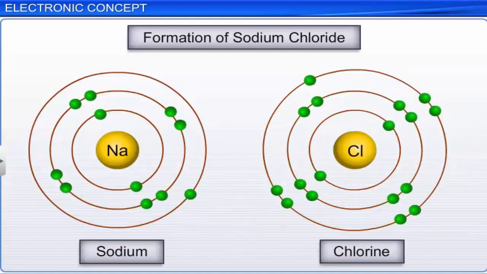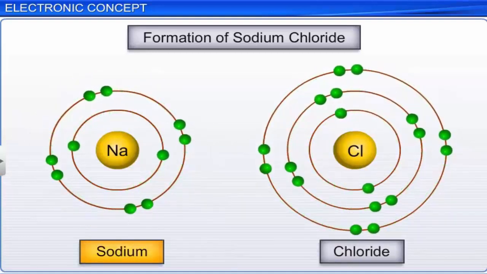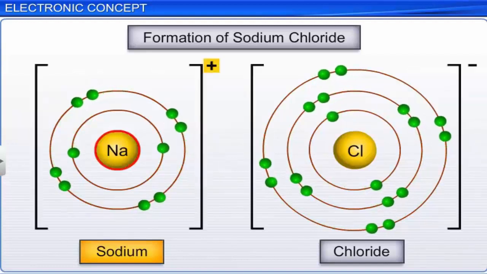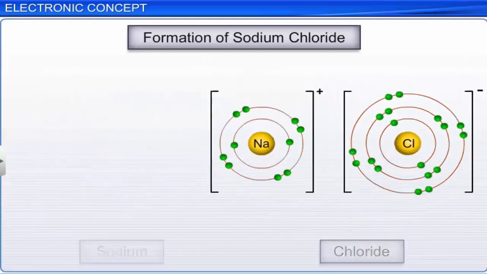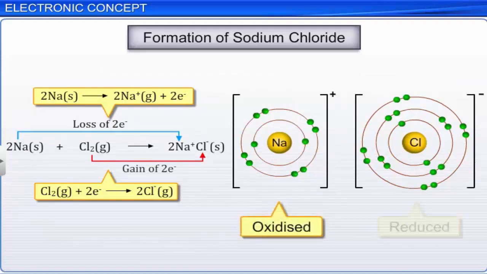In this reaction, sodium loses an electron and forms Na+ ion, while chlorine gains an electron and forms Cl- ion. Hence, according to electronic concept, sodium is said to be oxidized, whereas chlorine is said to be reduced.